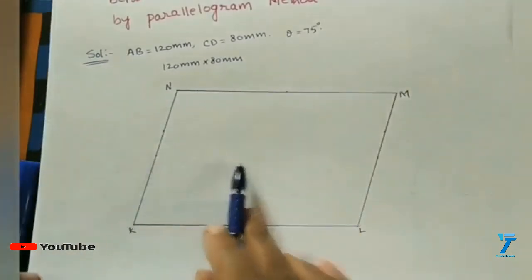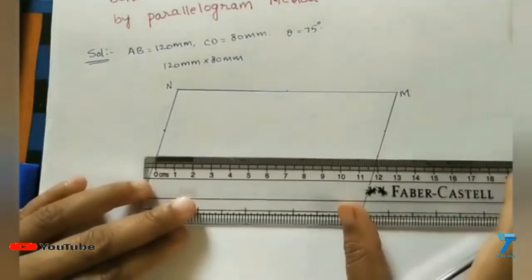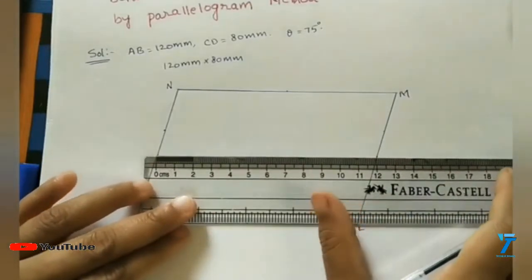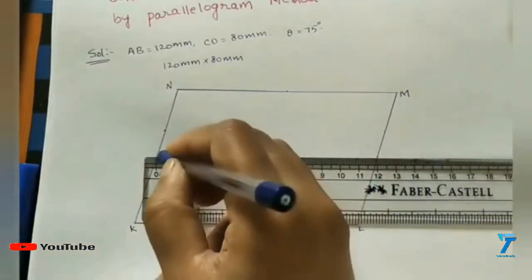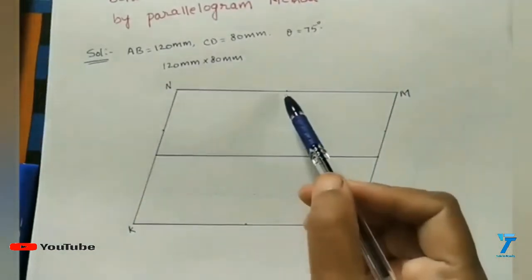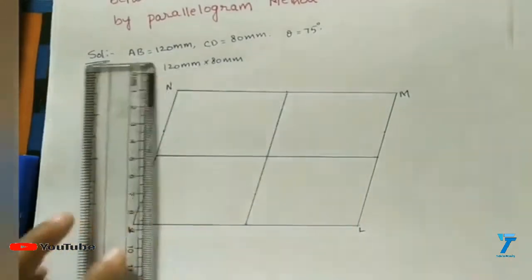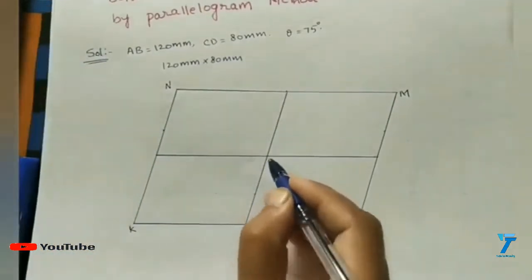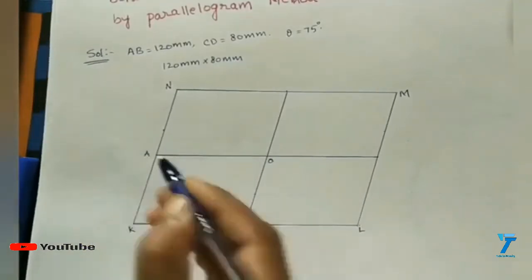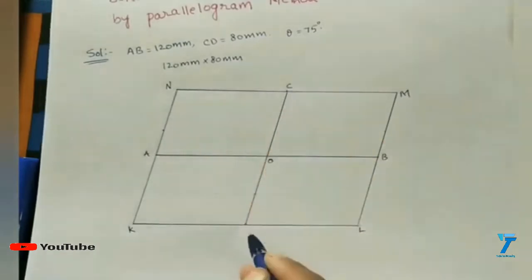Join this middle point to this middle point, for getting the horizontal axis, or we can tell major axis 12 cm. Okay, and here join this middle point to this middle point. Take the intersection point as O. Give the name AB is the major axis, and then this is the minor axis.